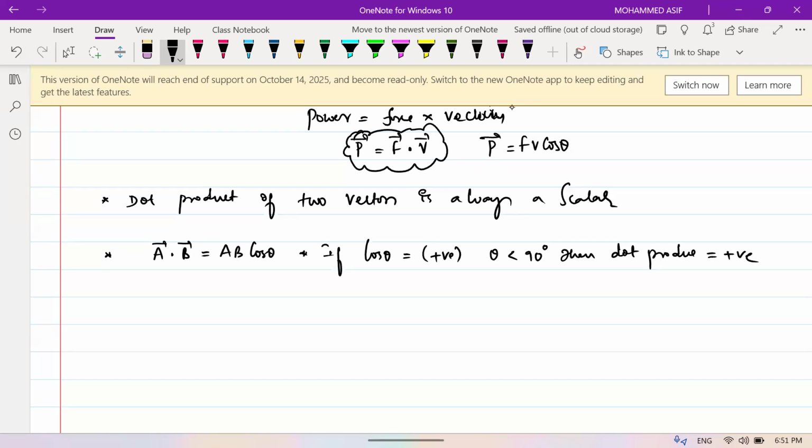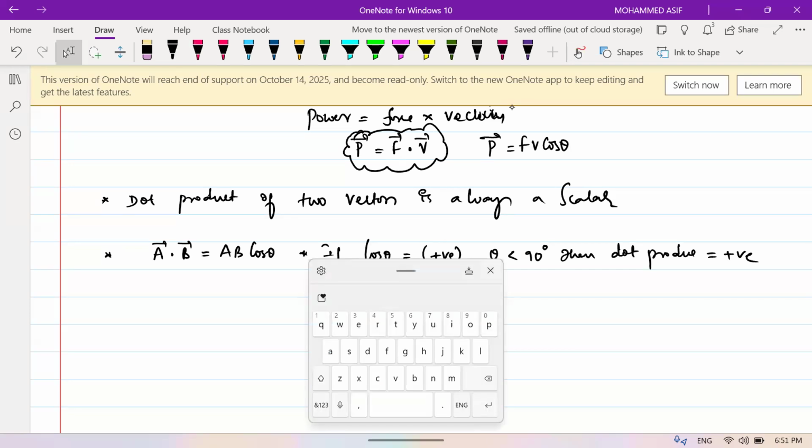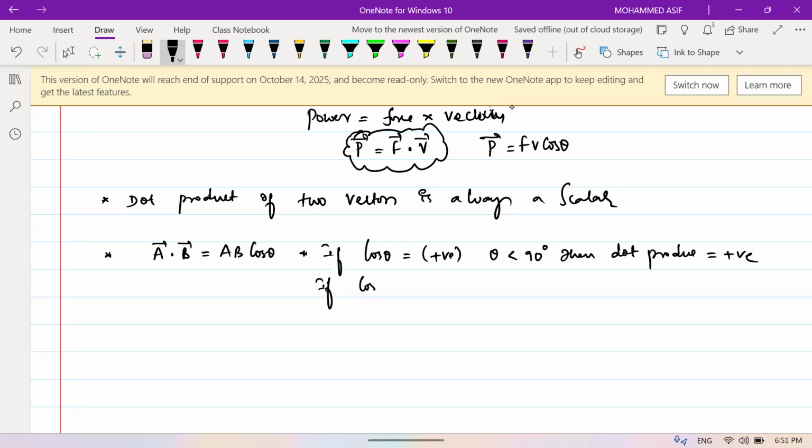If cos theta is negative, that means theta is between 90 and 180, so 90 degrees is lesser than theta, and theta is lesser than 180 degrees. Then the dot product will be negative. Cos 90 is 0, cos 120 is minus 1 by 2, cos 180 is minus 1.